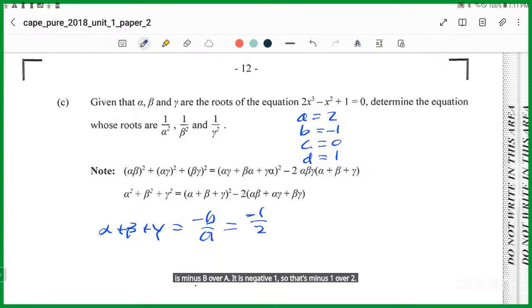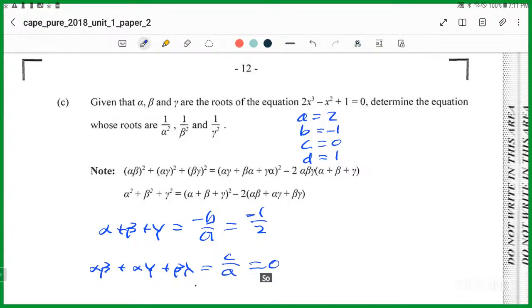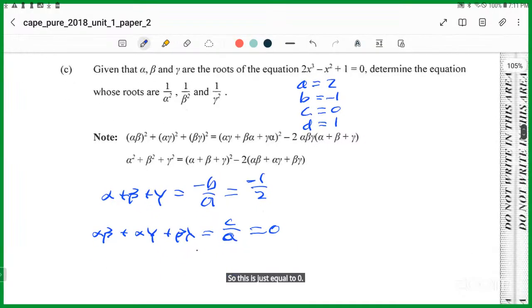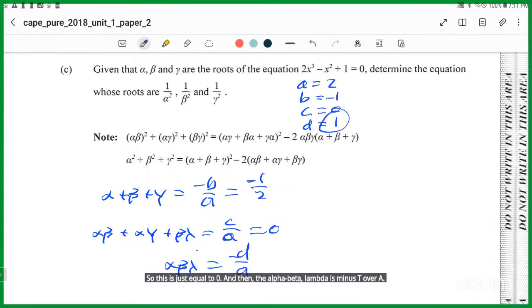Then the pairwise product, alpha beta plus alpha lambda plus beta lambda is C over A, but the C is equal to 0, so this is just equal to 0. And then the alpha beta lambda is minus D over A, and the D is 1.